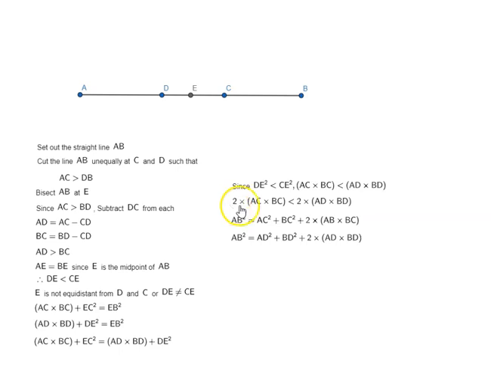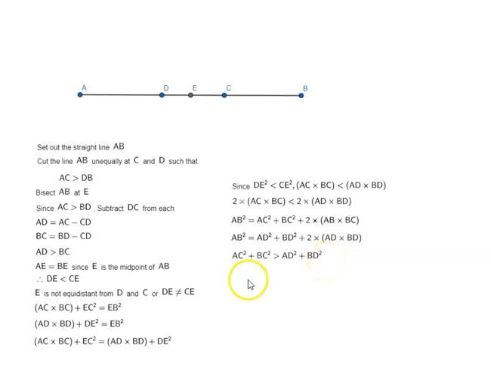Here, 2 times AC by BC is less than 2 times AD by BD. So again, to maintain the equality, what should happen? AC square plus BC square has to be greater than AD square plus BD square.